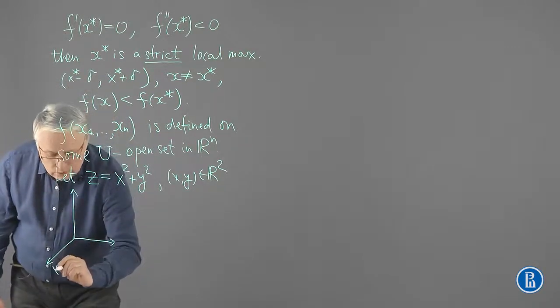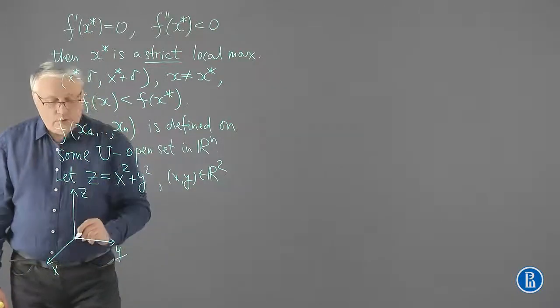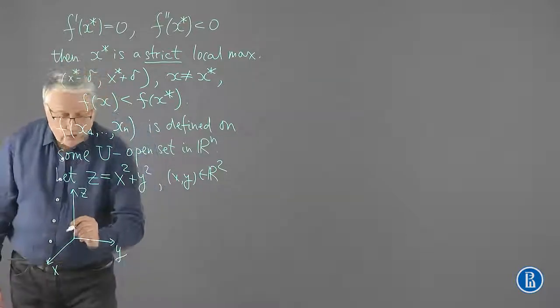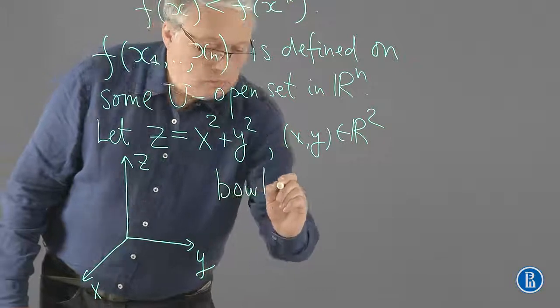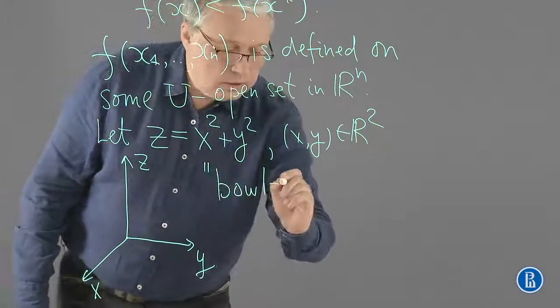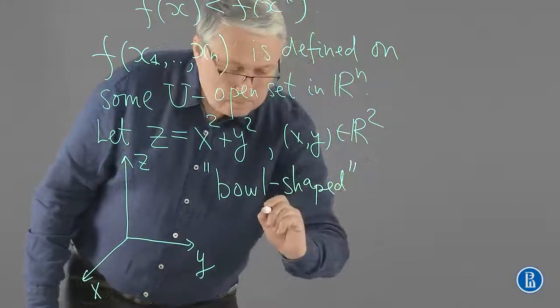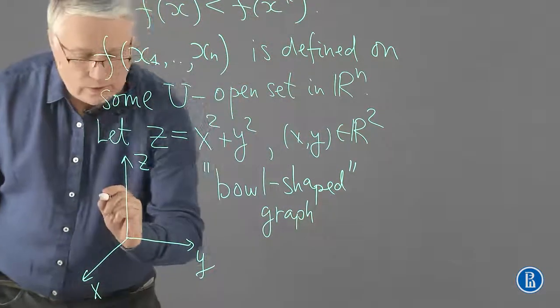That's how we get three axes. So it's easy to draw the graph. It looks like a bowl. We can say this is a bowl-shaped graph. Looks like that.